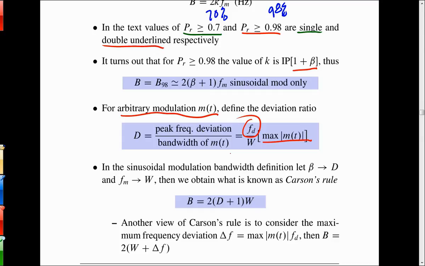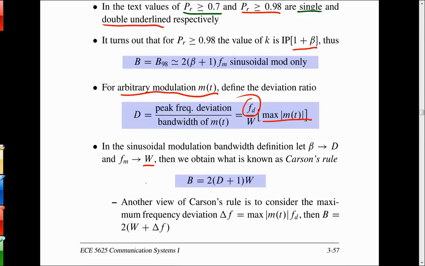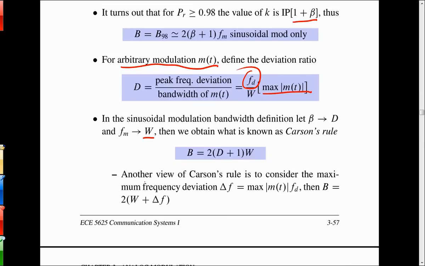So beta and D have the same role. It's just that D is for a general signal which has some bandwidth W and so on. So the bandwidth equals 2 times the quantity D plus 1 times W. And the 2 is on here for upper and lower sidebands.